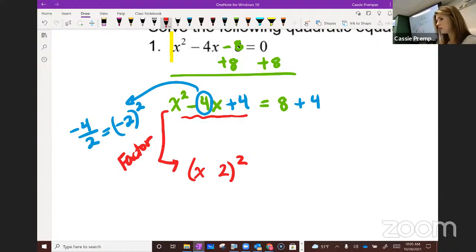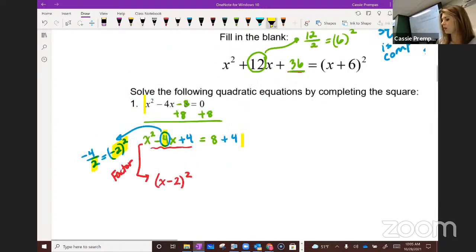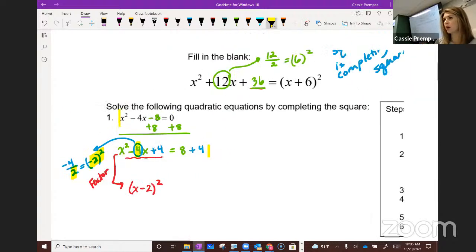I completed the square. So I took half of the middle term and squared it, using the skill that we learned above, what's called completing the square.